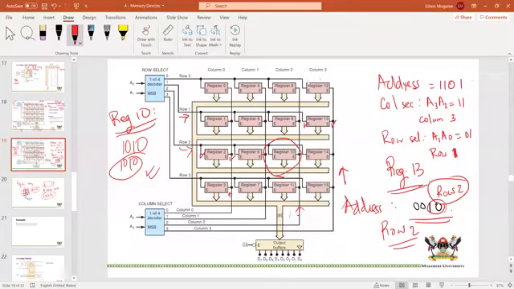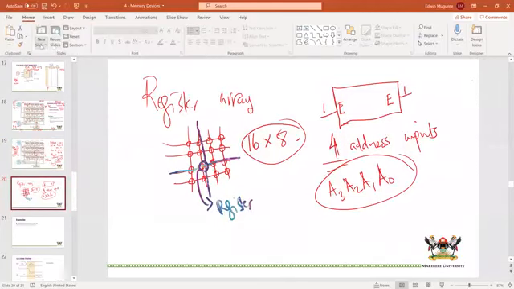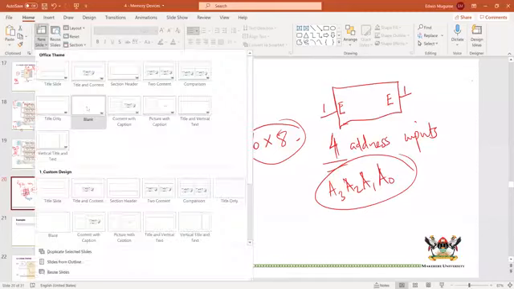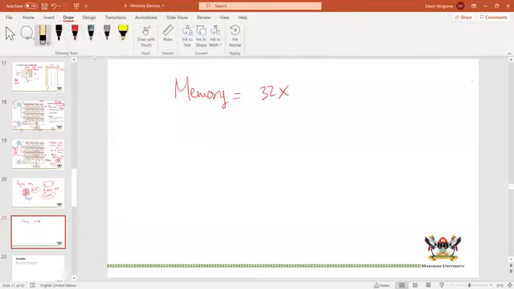So we could have, for instance, a memory that is 32 by 4. 32 is 2 to the power 5. So clearly, we are going to have 5 address bits.